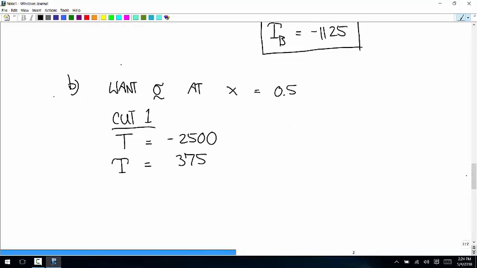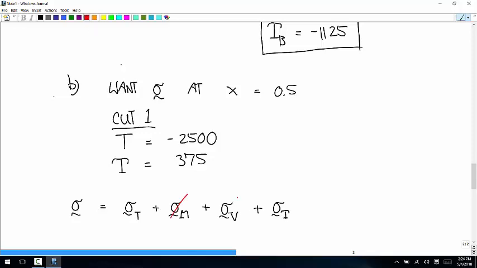Okay, so now that we have this, we know that the stress tensor total is equal to the stress due to tension plus stress due to bending moment plus stress due to shear force plus stress due to torque.